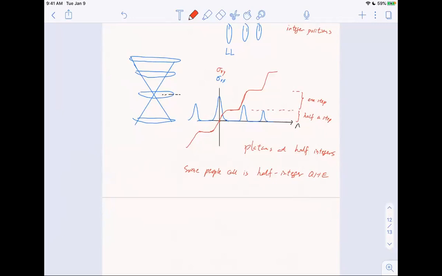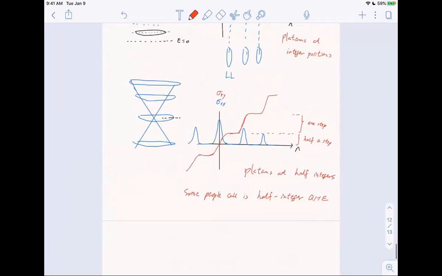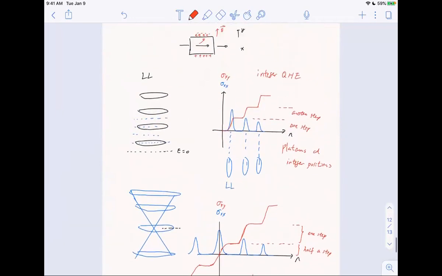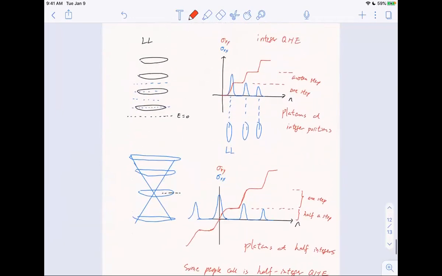It's still integer quantum Hall effect, but because of the special position of this zero Landau level, there's a shift of half a step. So the plateau begins at a different position. This is the main difference of the Landau levels between conventional massive particles and massless Dirac fermions.